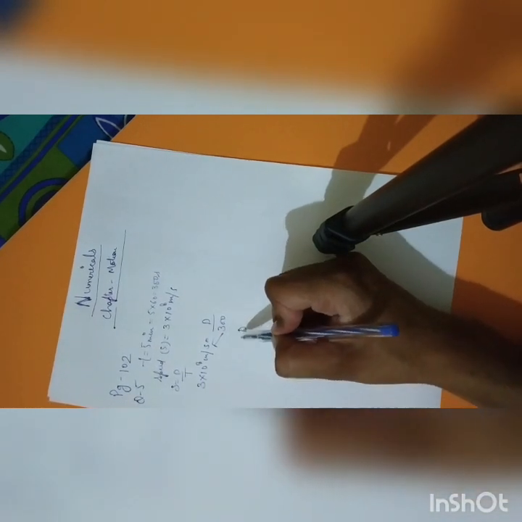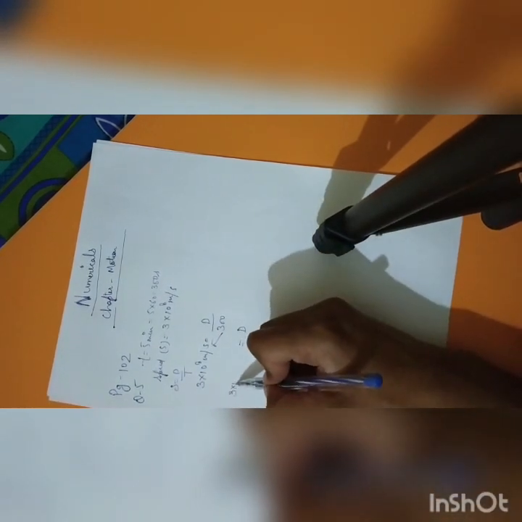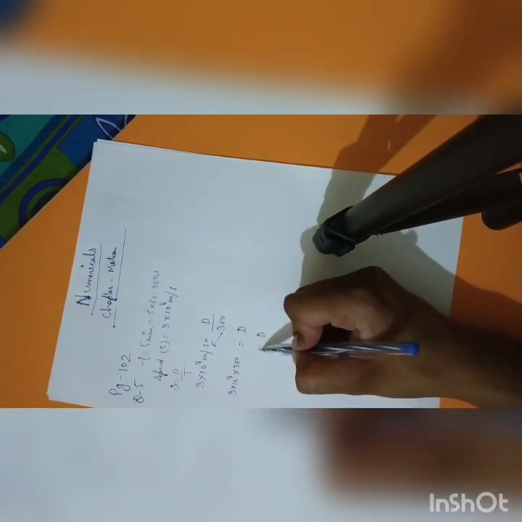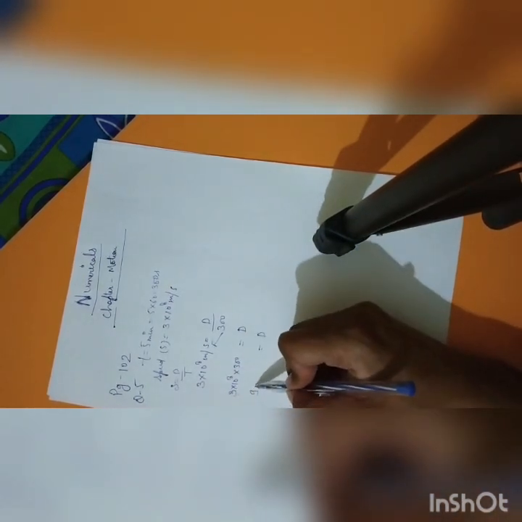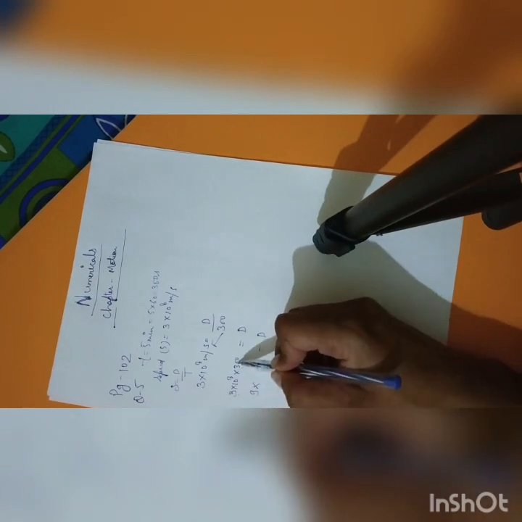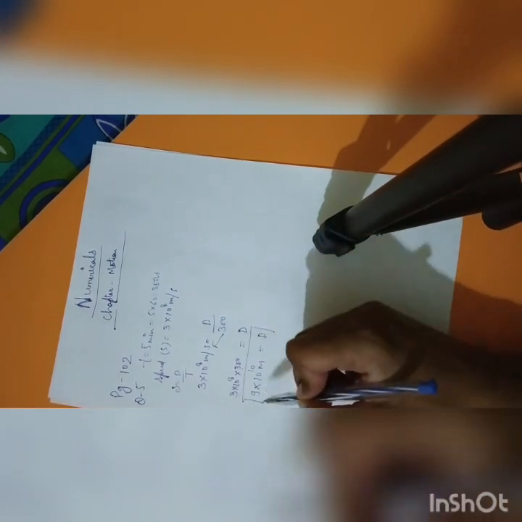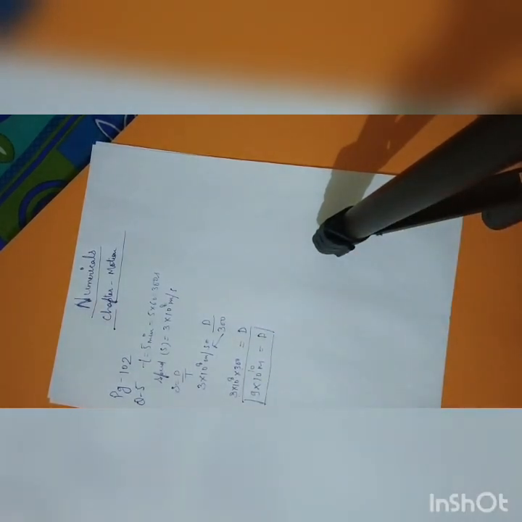So distance equals 3 into 10 to the power 8 into 300, which comes out to be 9 into 10 to the power 10 meter. This is the distance of the spaceship from the ground station.